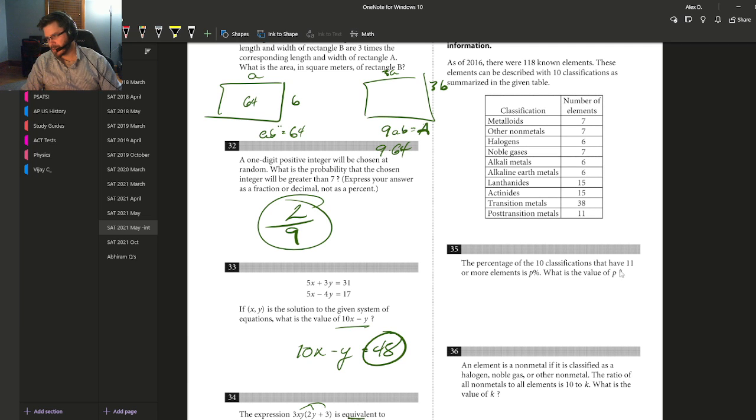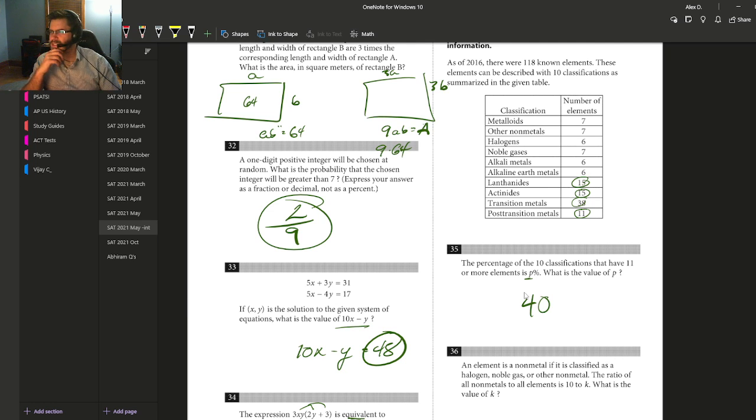Percentage of the 10 classifications that have 11 or more elements. So number of elements 11 or more: 1, 2, 3, 4 out of 10. Is 40%. So 40.